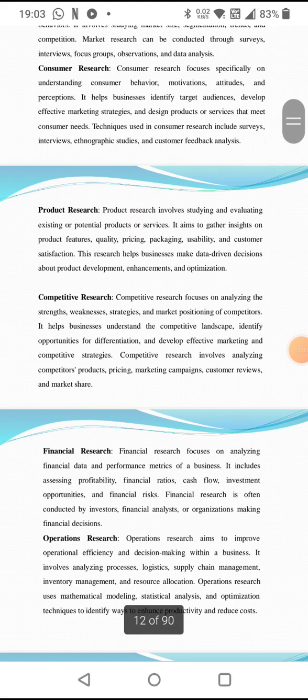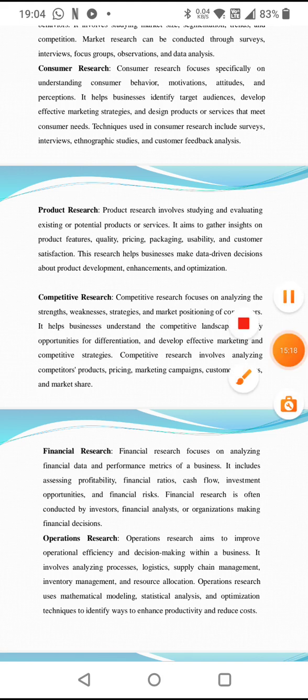Next, coming to competitive research. So what do you mean by competitive research? This type of research mainly focuses on analyzing the strengths, weaknesses, strategies and market positioning of their respective competitors of that particular region or area or industry, or even for that matter market.